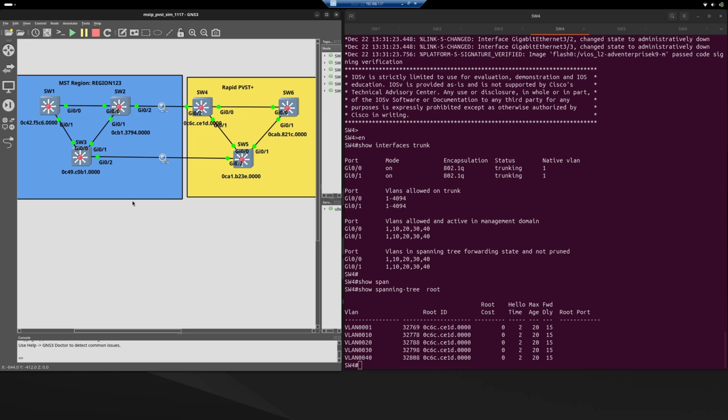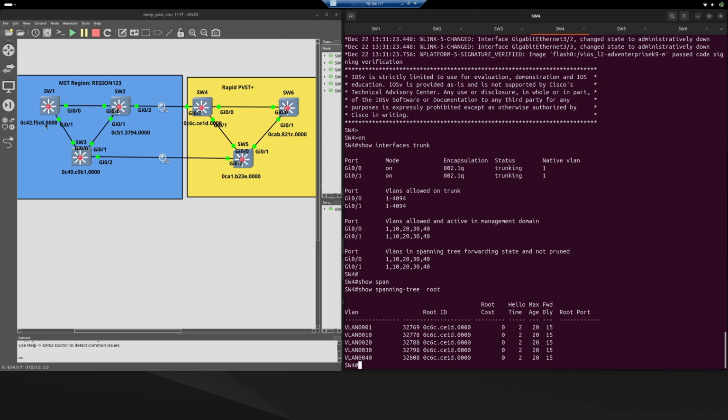So the bridge priority is the same on all switches, 32,768. I haven't changed that. So we have to compare the base MAC addresses and the lowest value wins.